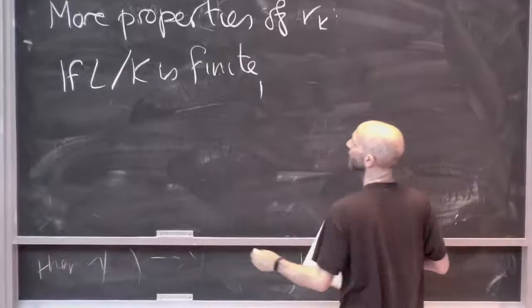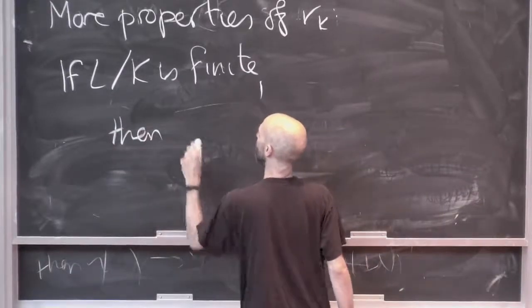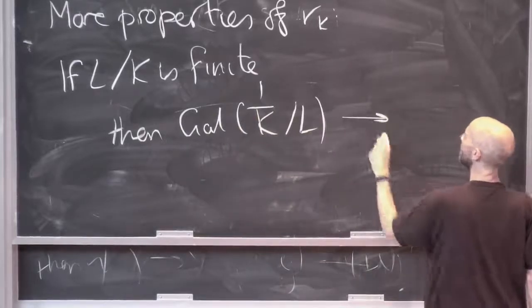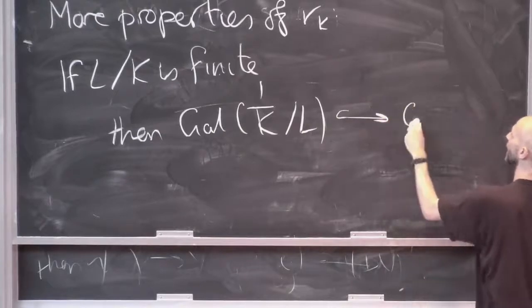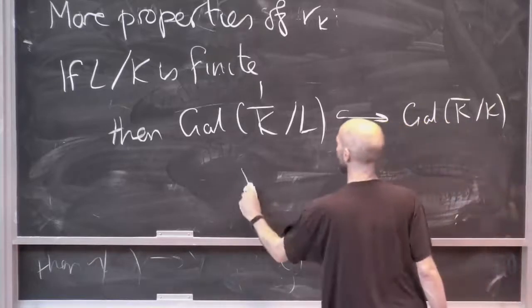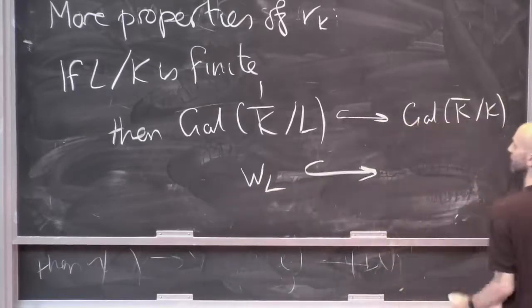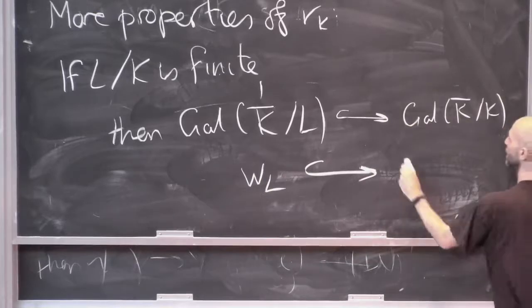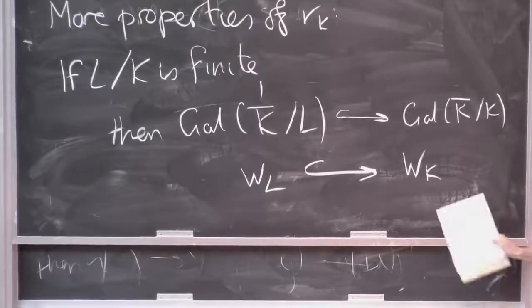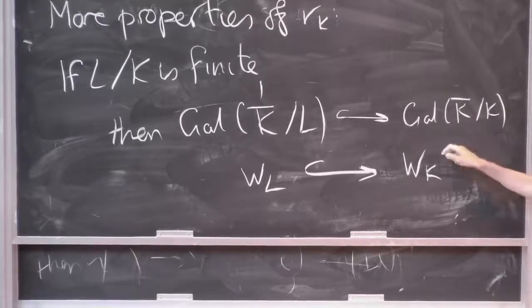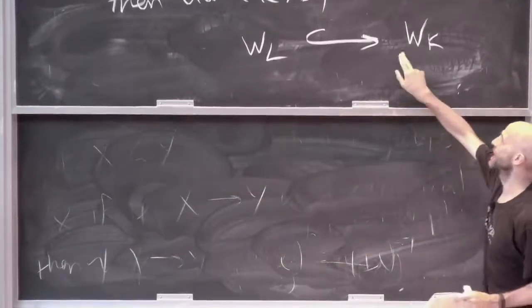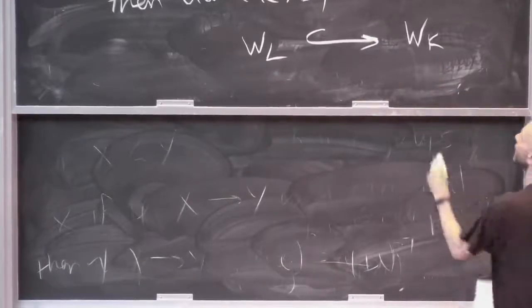Gal K-bar over L is a subgroup of Gal K-bar over K. And one can check that the Weil group of L gets identified with a subgroup of the Weil group of K. So in particular, there's a canonical map from the Weil group of L to the Weil group of K. And now this AB business, taking the maximal Hausdorff abelian quotient, is of course a functor. So if I take the maximal Hausdorff abelian quotient of WK, I get WK^ab.